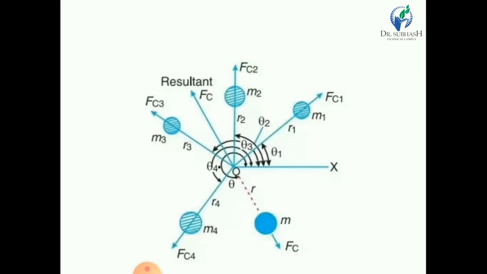Now let us understand. Because of these four masses, our system is unbalanced. So first of all, we calculate the resultant centrifugal force. Then we apply a balancing mass, that is a balancing force, in the direction opposite to the resultant force, and we eliminate this unbalanced resultant force.